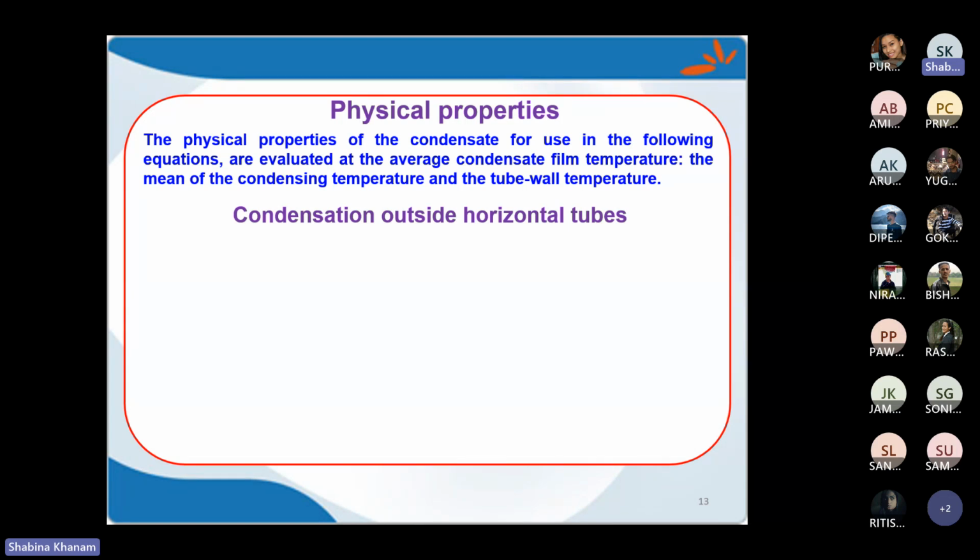As I'm having 4 different types of situation, we will calculate the heat transfer coefficient of all 4 types. The first is condensation outside the horizontal tube. It means the condensate orientation is horizontal, and condensation will occur in the horizontal tube outside.